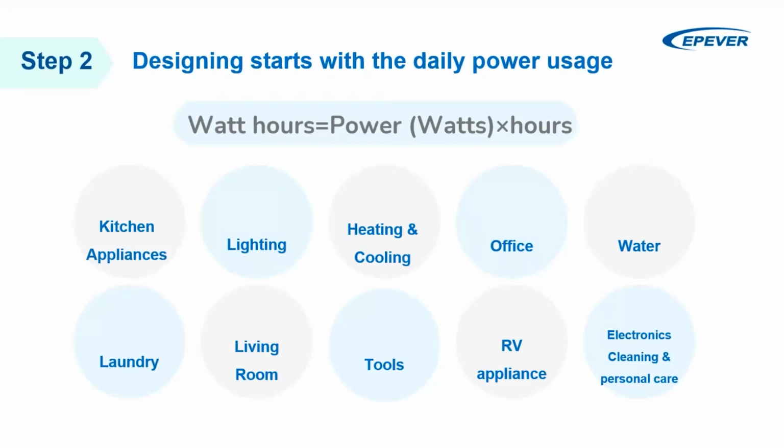Based on every single consumer, the size of the system will differ. And typically, every electrical equipment will have a power label on it. So if you check the power label on the equipment, then you will find out the amount of power that it uses in a certain period of time, like an hour.